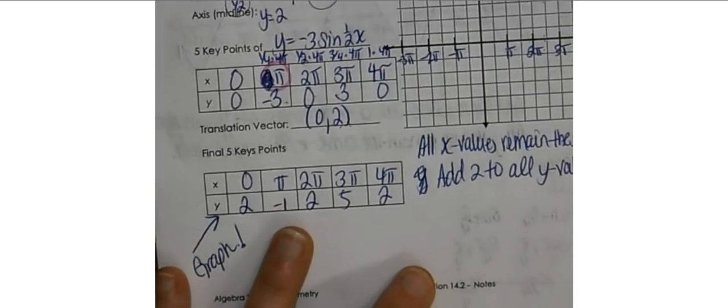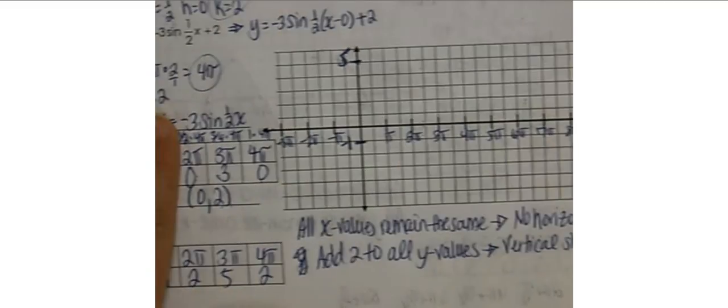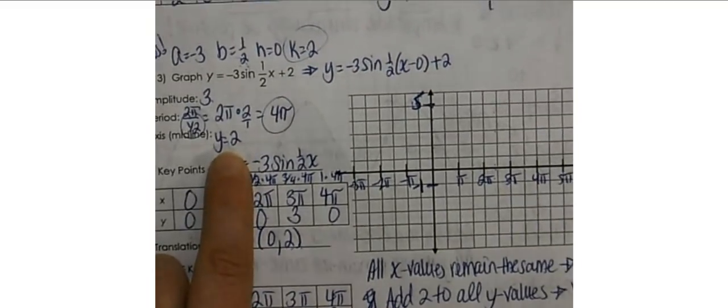And going backwards, we have -pi, -2 pi, and -3 pi. Our minimum value that we're going to be graphing is -1. Our maximum value is 5, so I'm going to go by ones. Down here at -1, I'm going to plot -1 and count 1, 2, 3, 4, 5, and this is up to 5.